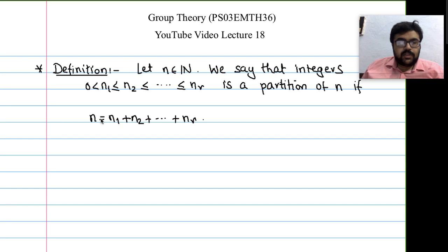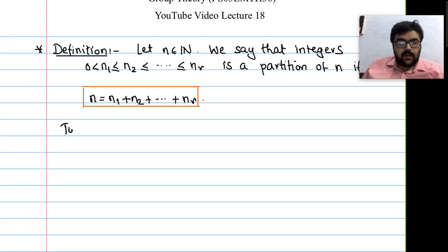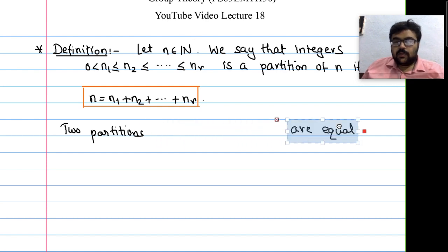This describes a partition of n into r parts, and now we say when two partitions are equal. Let us consider two partitions.